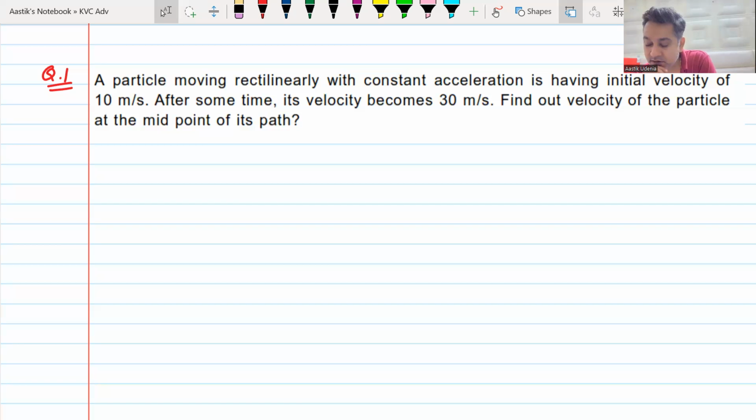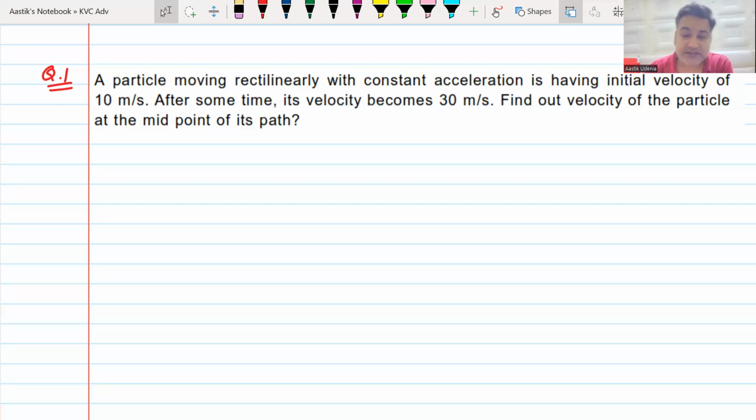You must understand that you only have three equations. V is equal to U plus AT, number 1. S is equal to, or delta R is equal to UT plus half AT square. V square is equal to U square plus 2 times A into delta R or S, whatever you call it. With these three equations, you should be able to solve any question that comes for constant acceleration.